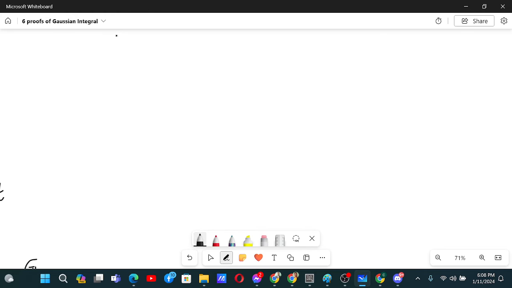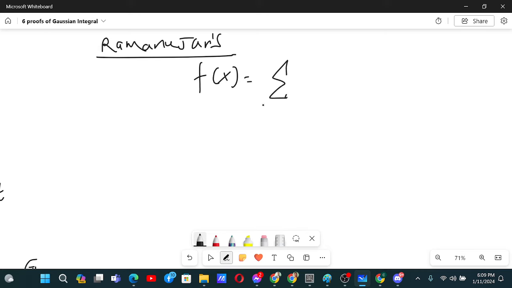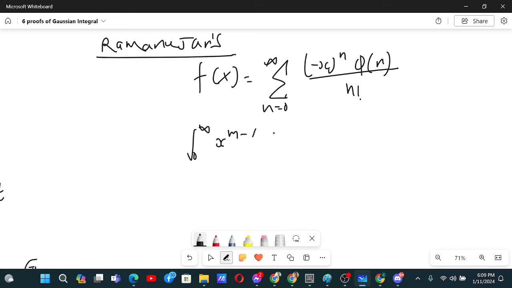Ramanujan's theorem states that if a function can be written as sum from n going from 0 to infinity of minus x to the power n times some function phi of n by n factorial, then the integral from 0 to infinity of x to the power m minus 1 f of x dx will just be gamma of m times phi of minus m.